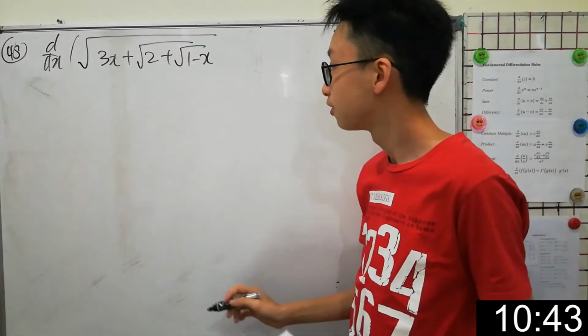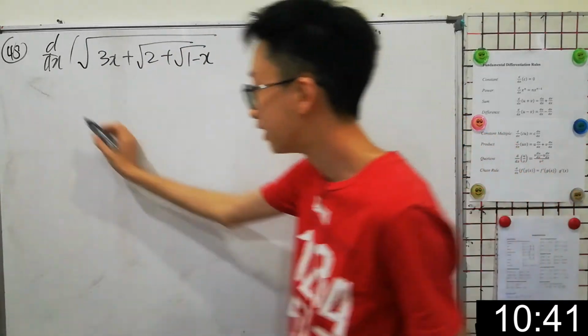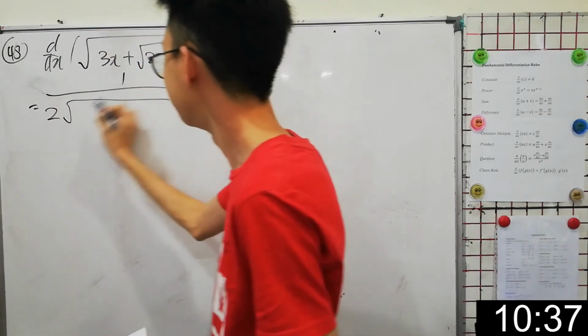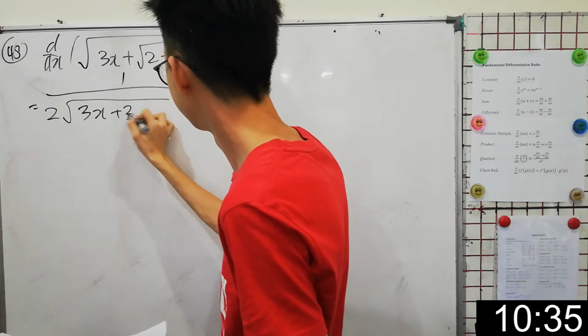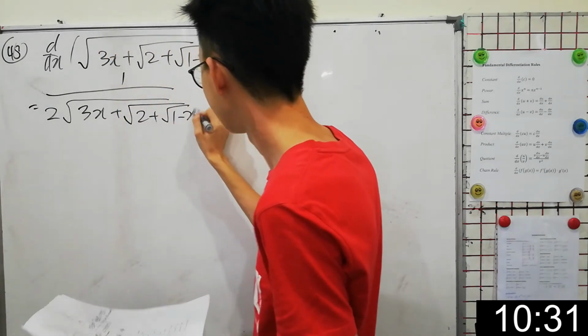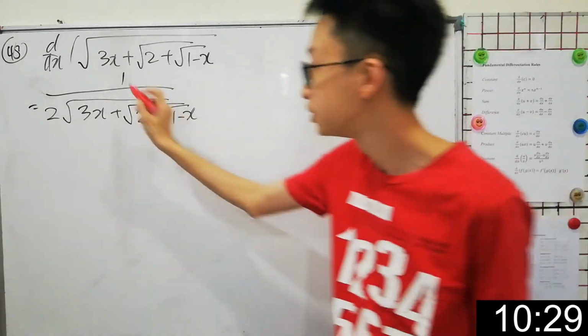Okay, so like I said, you can just use 1 over 2, then the square root of all the inside stuff, plus square root 2 plus 1 minus x. Then you just differentiate this part.